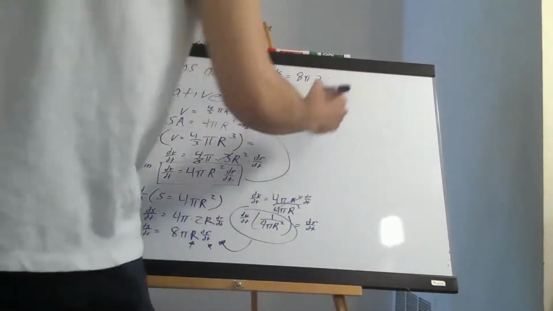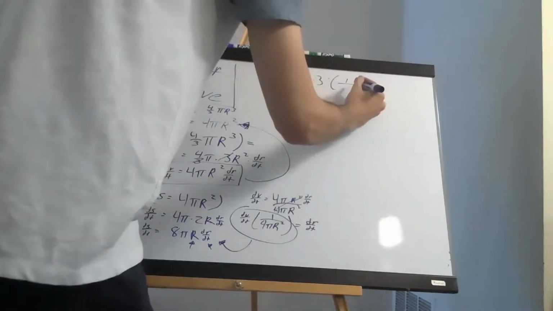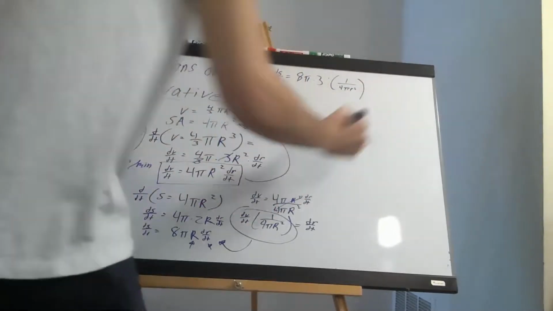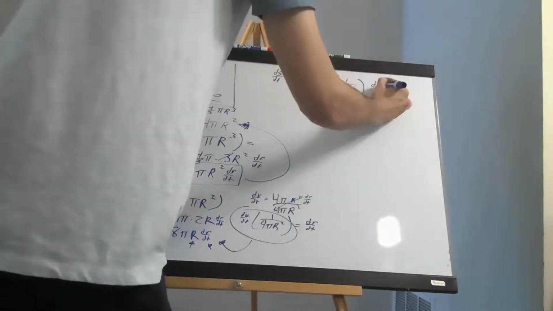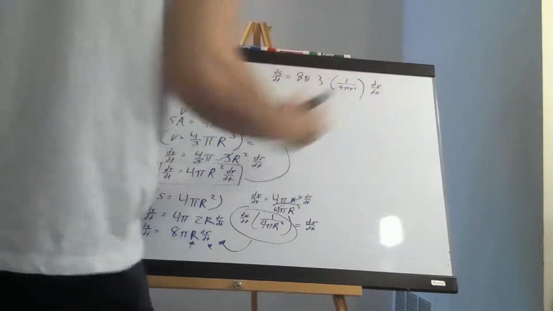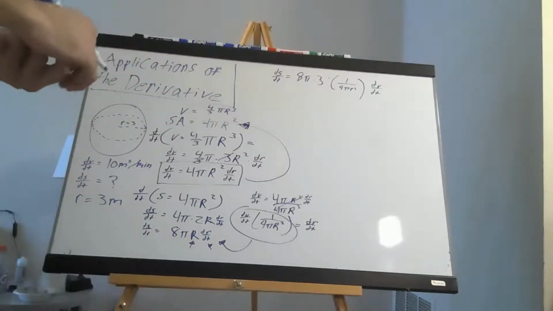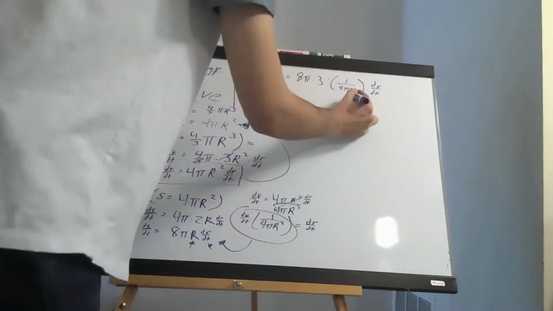So that's going to be times 1 over 4 pi r squared dV/dt. Okay, so that was not fun, but we can also plug in an r here for that.